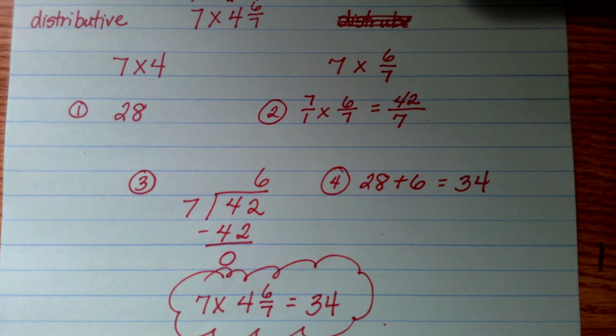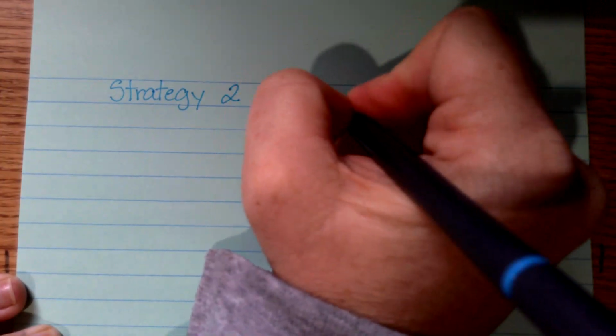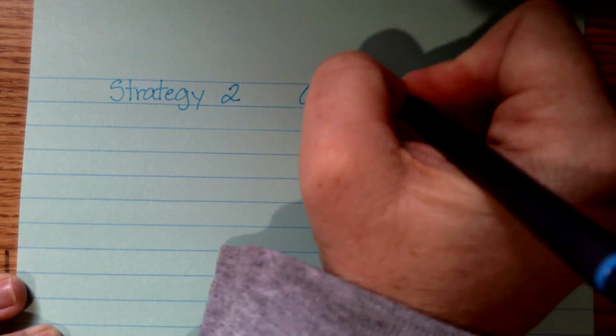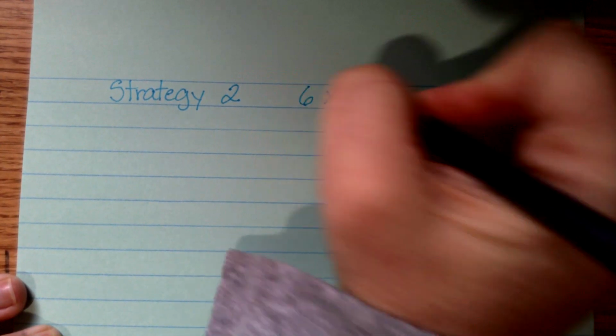All right. So now we're going to work on the next strategy or the next method. So this is strategy 2. And we're still going to work with 6 times 3 and 1/5.